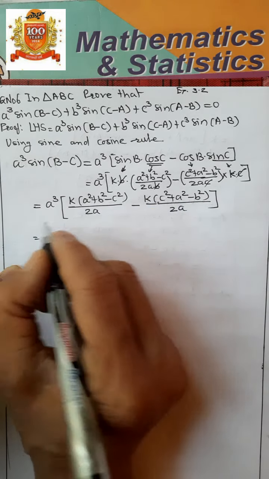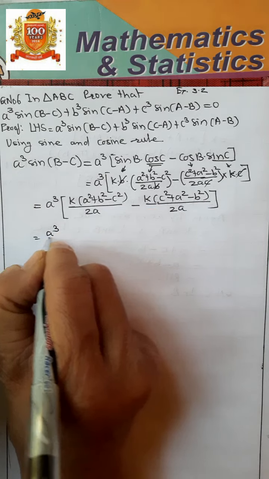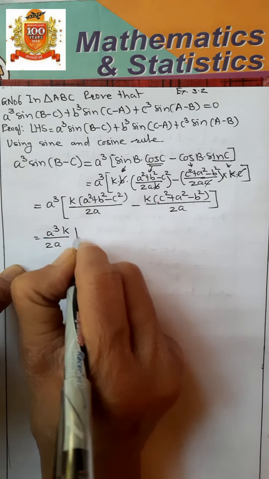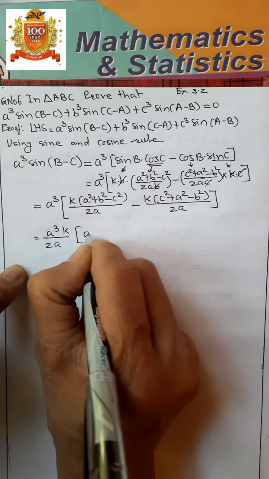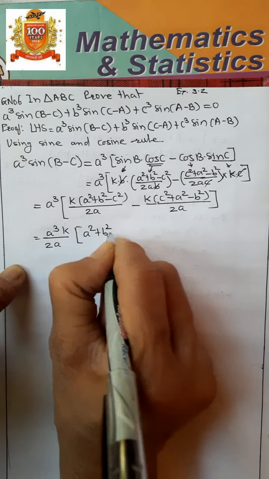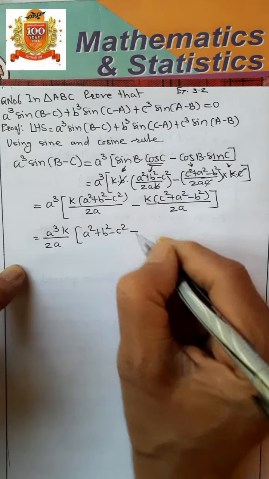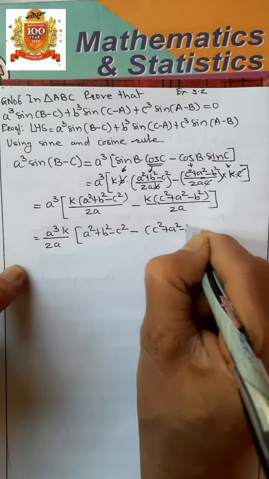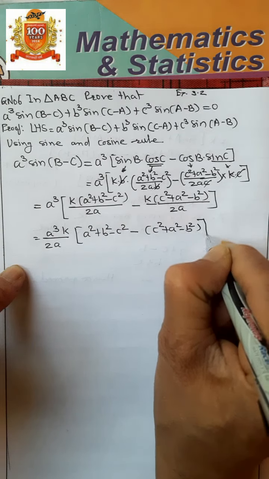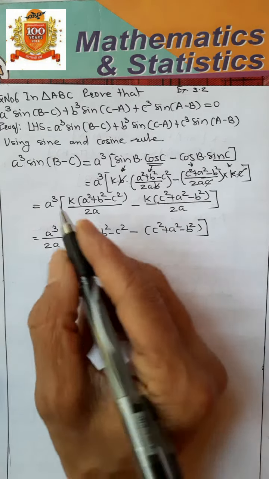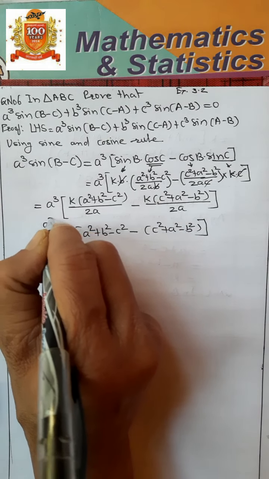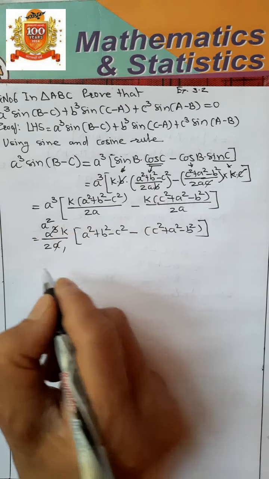Again this is common, a cube upon twice a, and k is also common. In bracket we will have a square plus b square minus c square, minus in bracket c square plus a square minus b square will remain. Isn't it? Now this a gets cancelled, a cube gets cancelled, a square will remain.